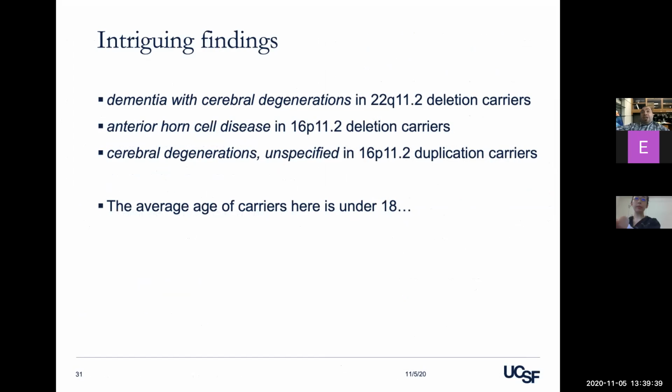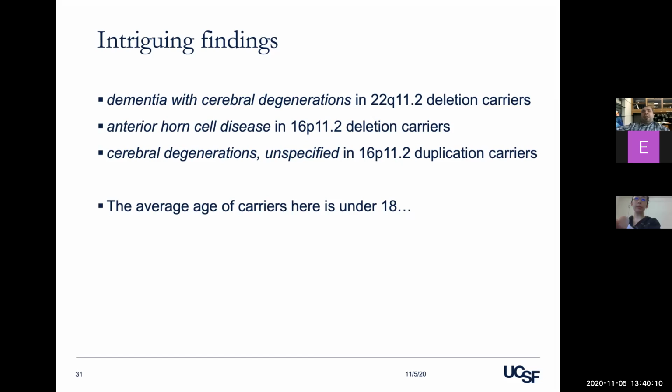The average age of carriers in the biobank is under 18, well under 18 actually. And these are traits that we also found to be overrepresented that happen quite a bit later in life. So we don't know actually, is a 22q deletion a risk factor for dementia? We just don't know that because the majority of the people that we study are just not at that age.